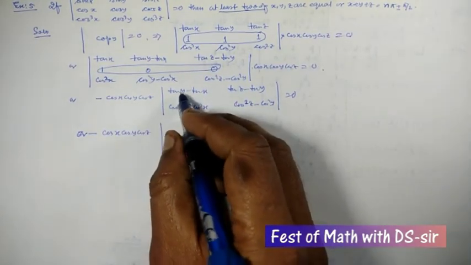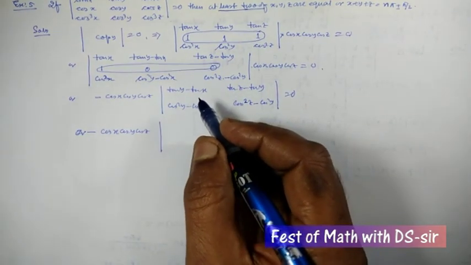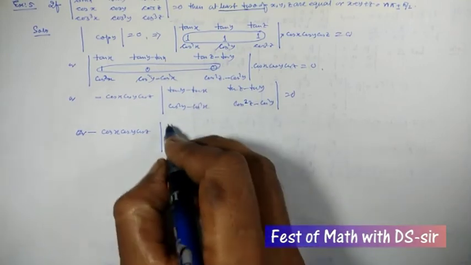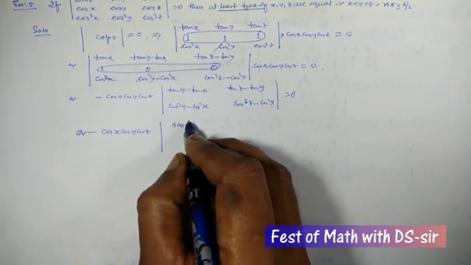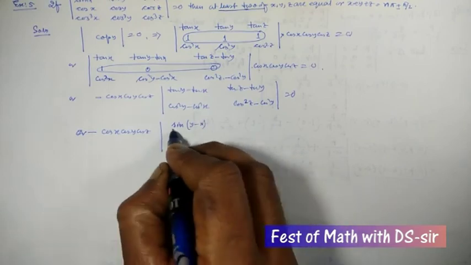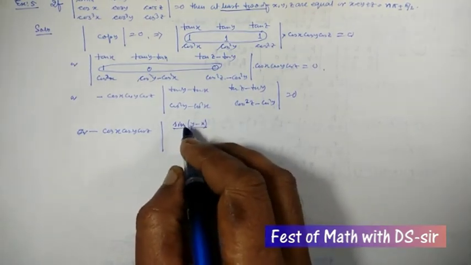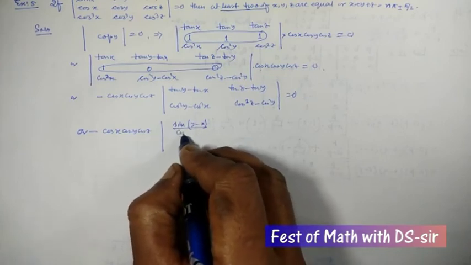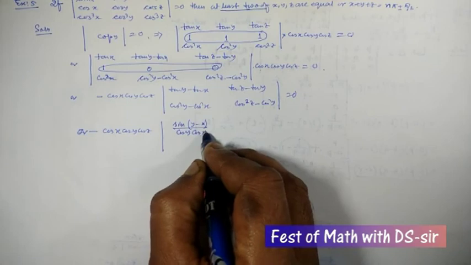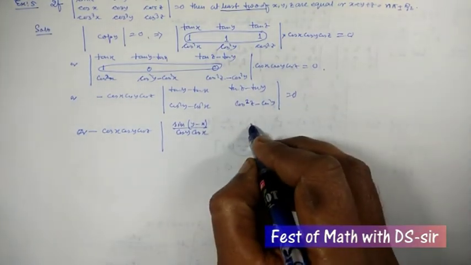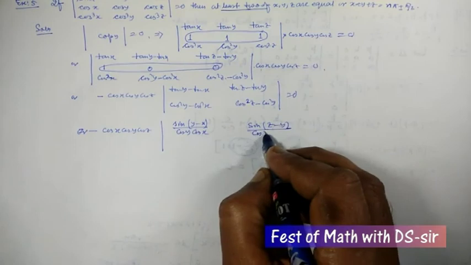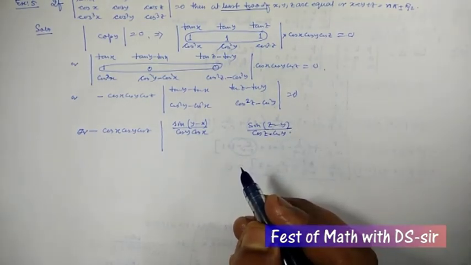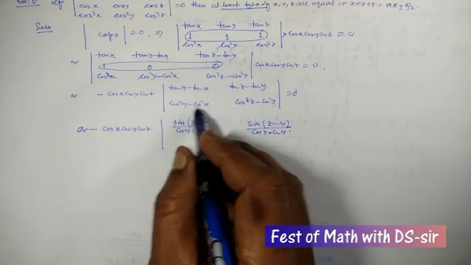We know that tan A minus tan B is sine of (A minus B) by cos A cos B. So it is cos y cos x, and cos square x minus cos square y, cos square y minus cos square z.